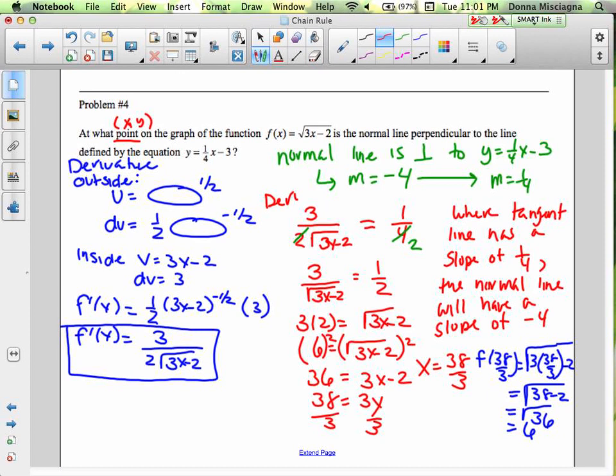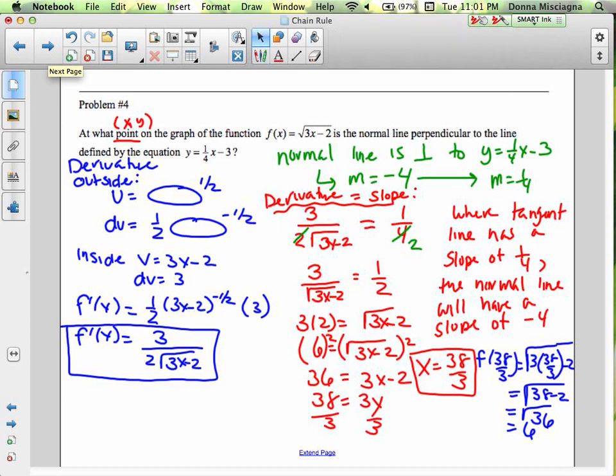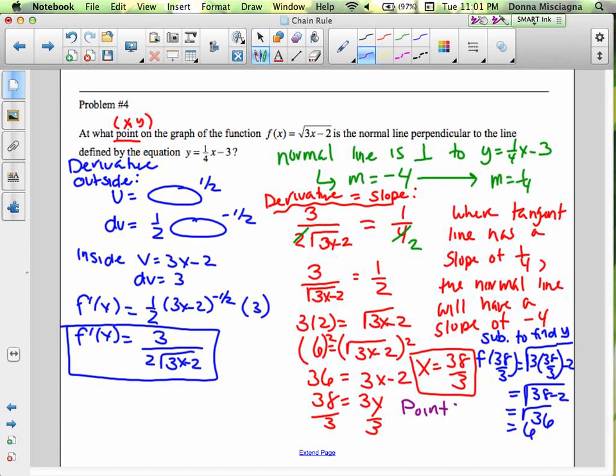Anytime you want to know where the derivative is equal to any slope, you just set the derivative equal to the slope. And then this is the x. If we substitute back into the original function to find y, now we have the point, and we're going to be done. Our point is 38/3, 6. That's where.